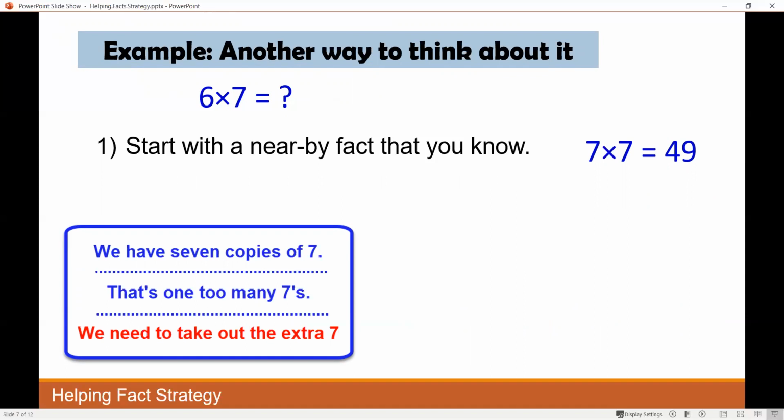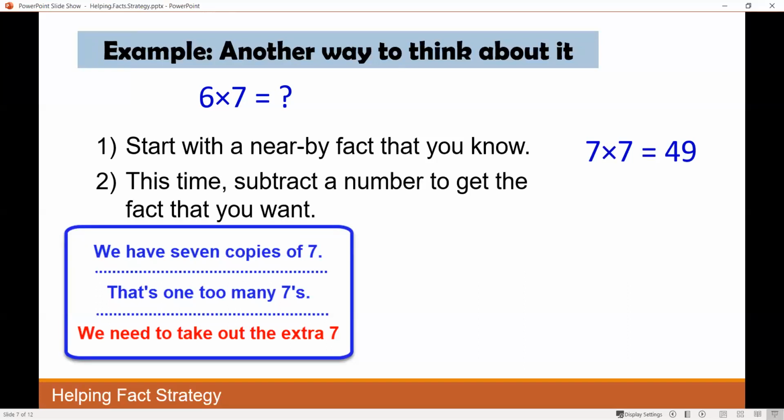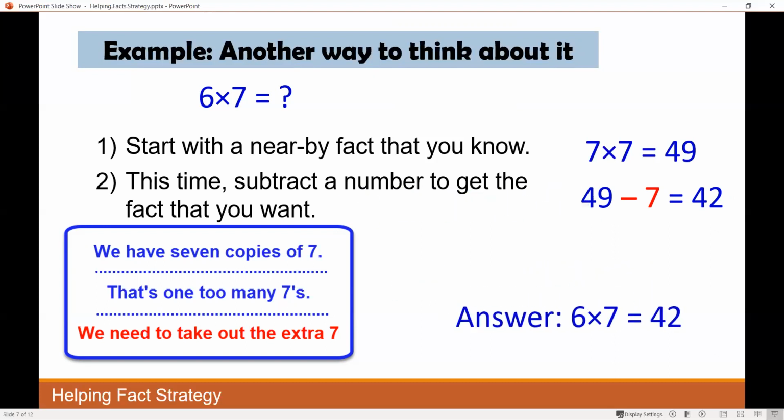I want 6 copies of 7. I've got one too many 7s. So I need to subtract off a 7. This time I'm subtracting a number to get the fact that I want. 49 minus 7 is 42. And you might prefer this method because it doesn't require any regrouping. 9 minus 7 is 2. I get my same conclusion. 6 times 7 is 42.